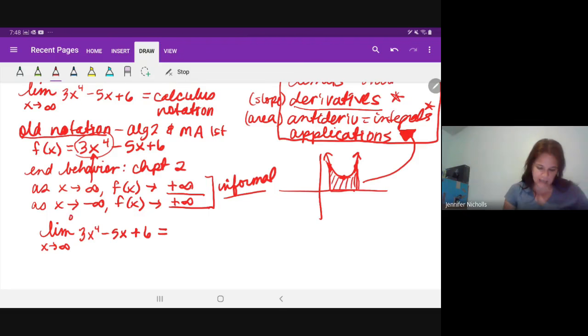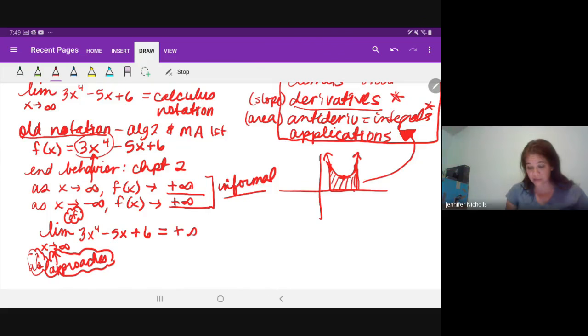The way you say this is "limit of 3x to the fourth minus 5x plus 6 as x approaches infinity." And this line right here, you say "approaches," just so you can think of it in your head as you're learning this calculus notation. And then this answer would be positive infinity.